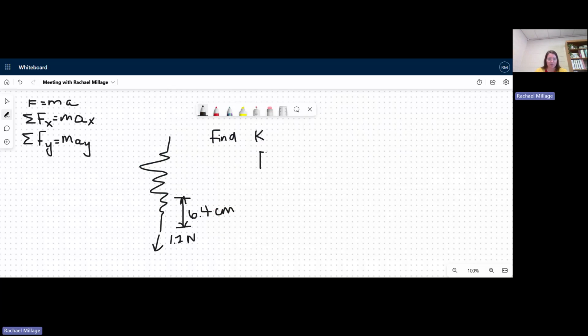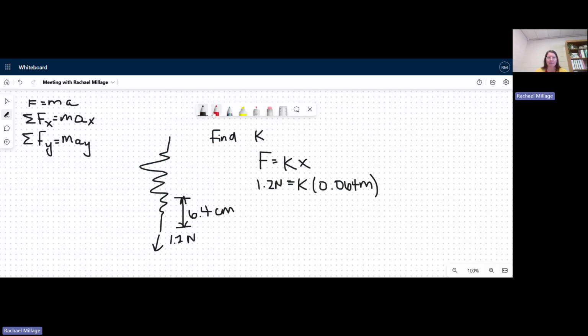So we know that force equals Kx. My force is 1.2 newtons equals K, which is what we're solving for, times an X of 6.4 centimeters, but again, I have to convert that to meters. It's going to end up being 0.064 meters.